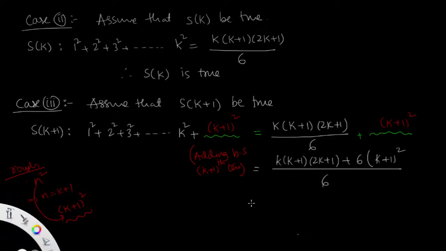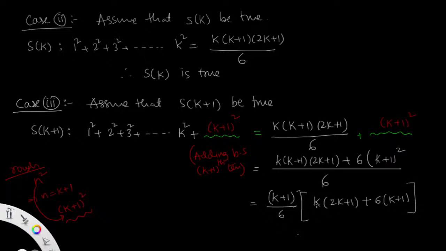From this we can take the common factor k plus 1. Then you get k plus 1 by 6, and the remaining value is k into 2k plus 1 and then 6 times k plus 1.